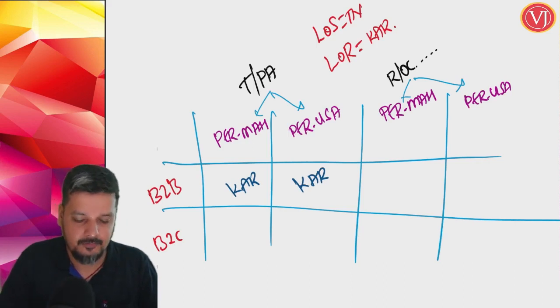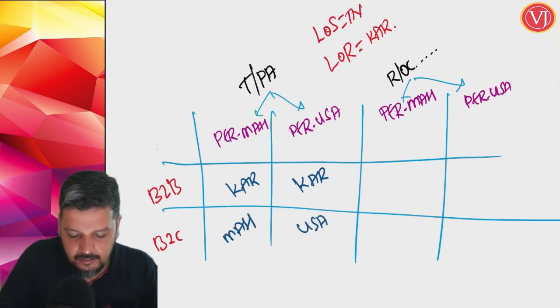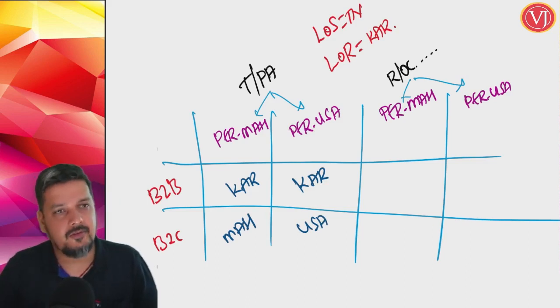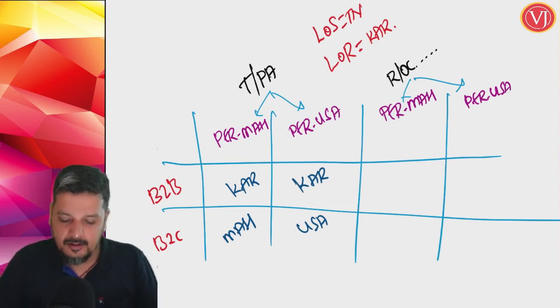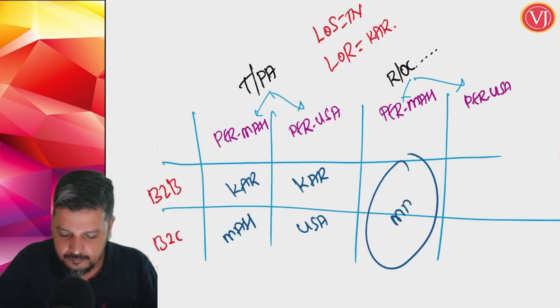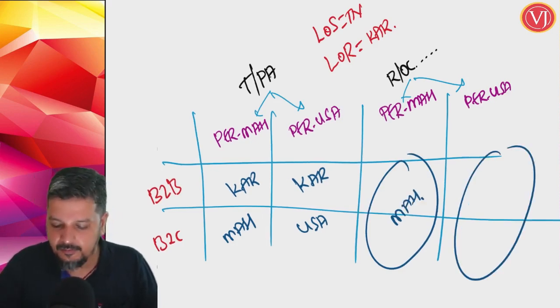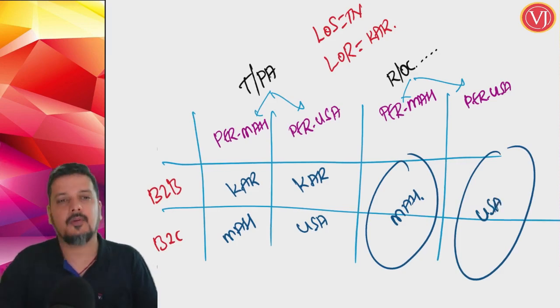If it is B2C, it is where the performance happens: Maharashtra, USA. But if it is restaurant, outdoor catering, personal grooming, fitness, etc., then B2B or B2C is not relevant. Whether it is B2B or B2C, it is the location of performance: Maharashtra, or USA.